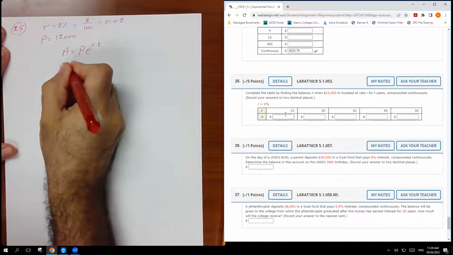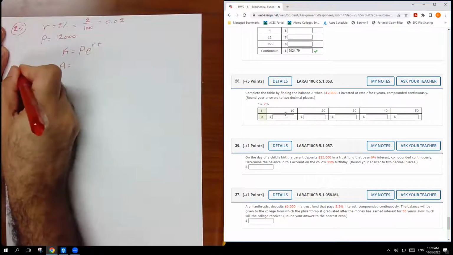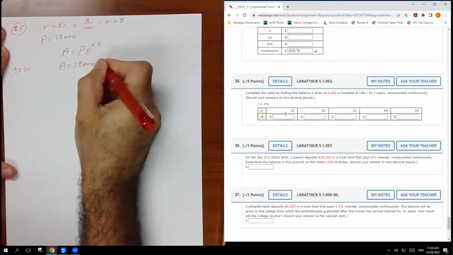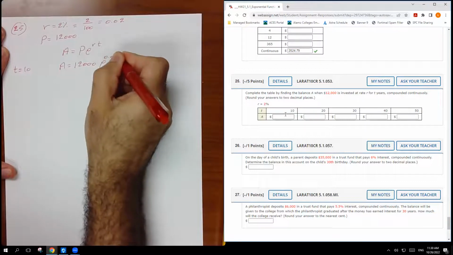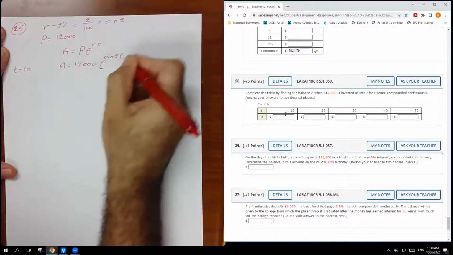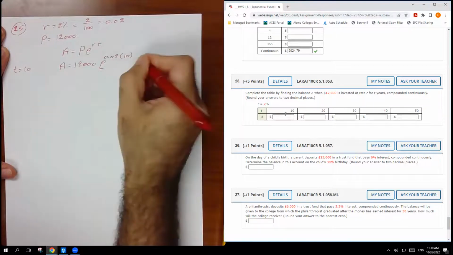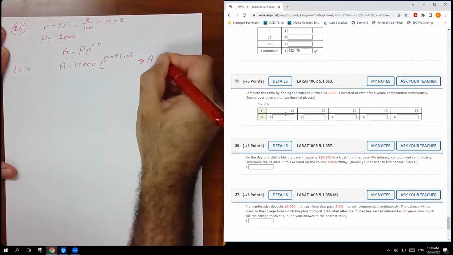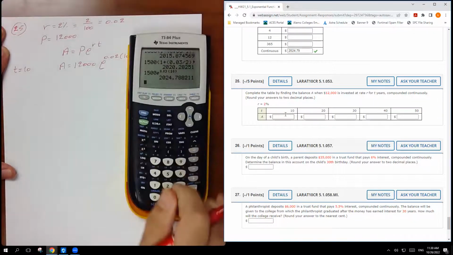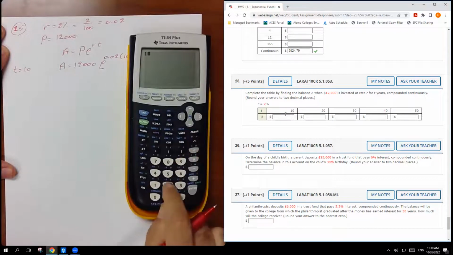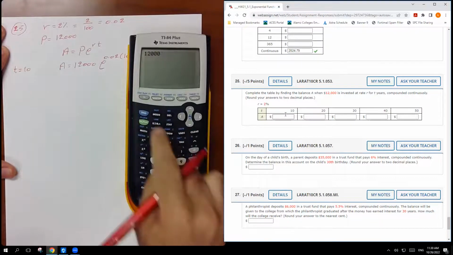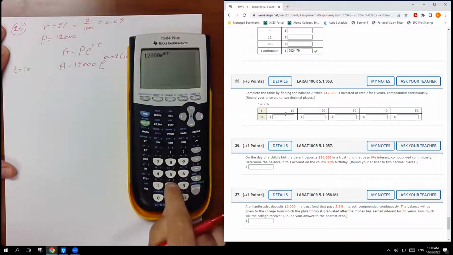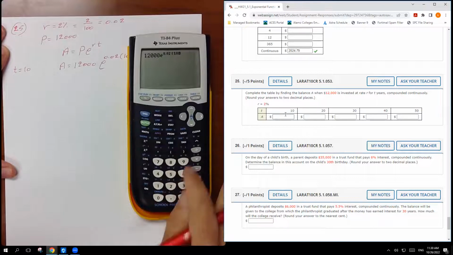Our future value when t equals 10 is going to be the principal times e to the rate 0.02 times the time 10. That means A equals 12,000 times e to the exponent 0.02 times 10.